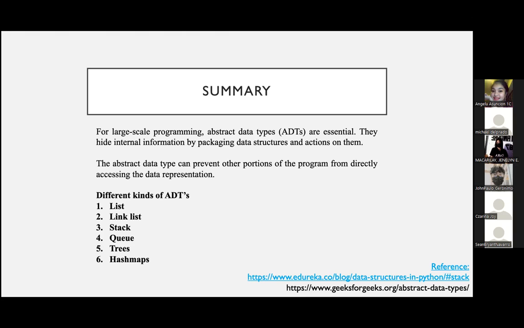And yung nakikita niyo po na different kinds of ADT or abstract data type is list, linked list, stack, queue, tree, and hash maps. This is the summary of ADT or abstract data type and the main points of the text.